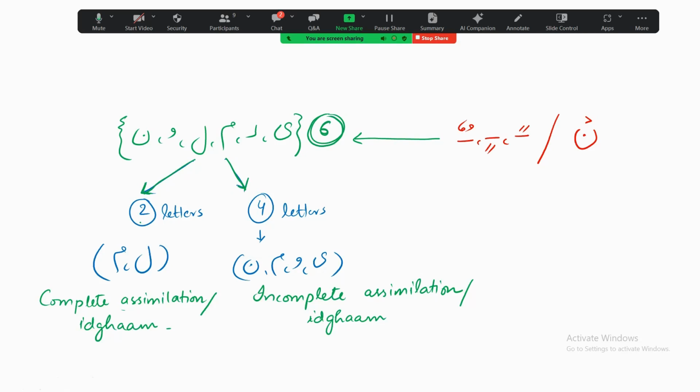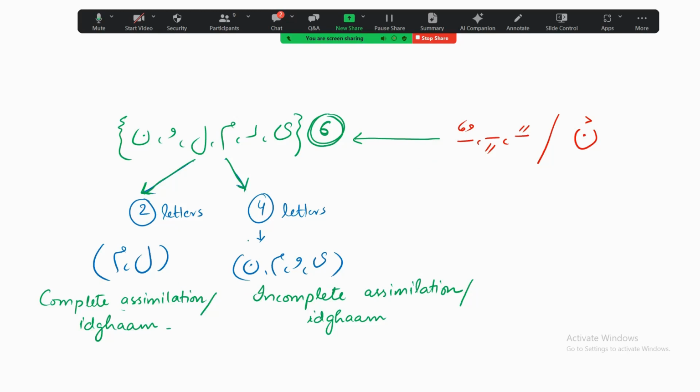The division of these two categories is based on the way we are assimilating the sound, right? I told you that we assimilate the sound of one letter into the other in this rule, right? So sometimes the assimilation is complete, and sometimes there is incomplete assimilation of one letter into the other.